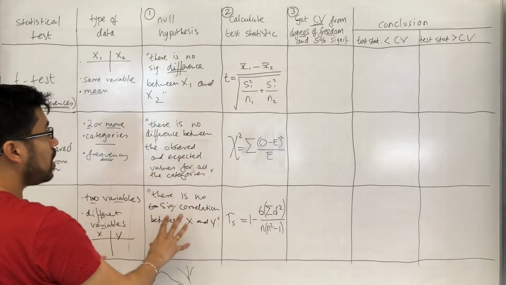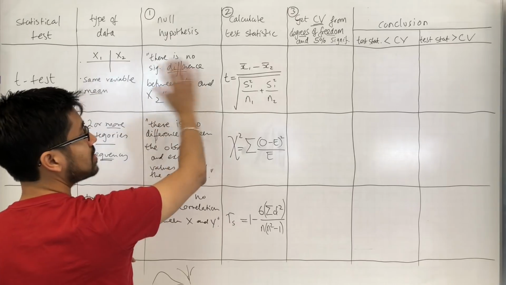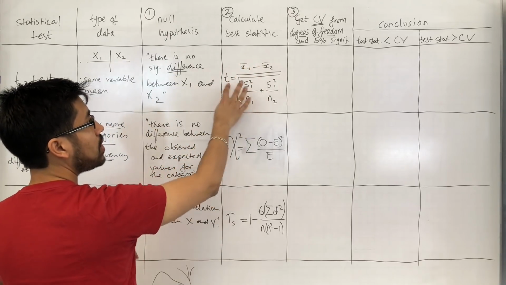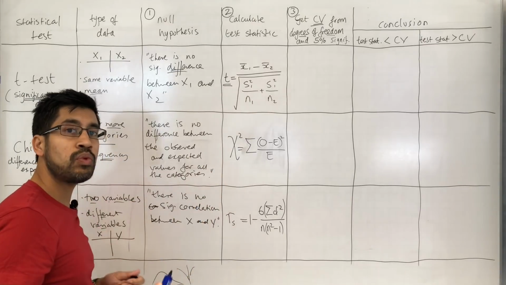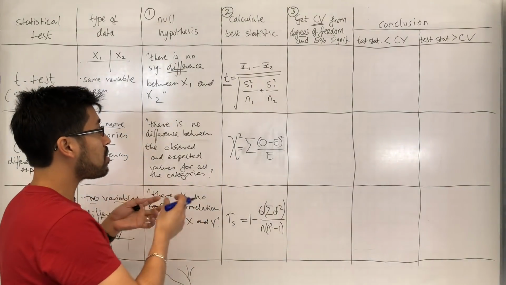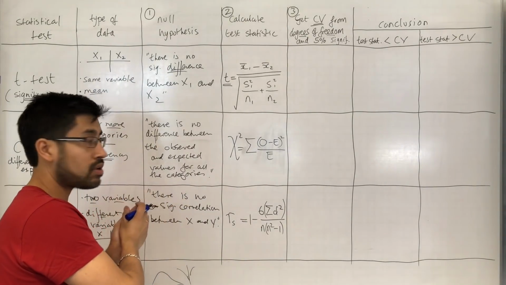Once we've got our null hypothesis, the next thing to do is to calculate the test statistic in order to get a value by which we can decide whether the data shows any significance or not.